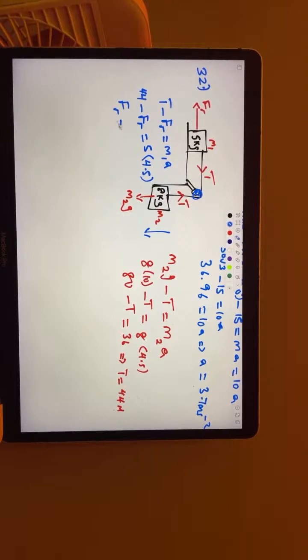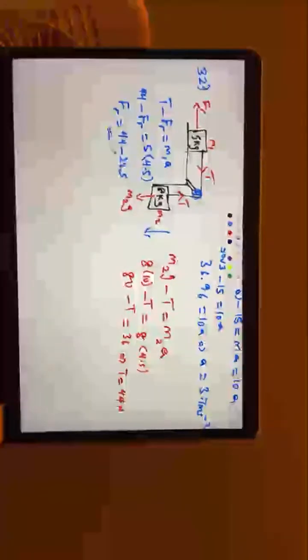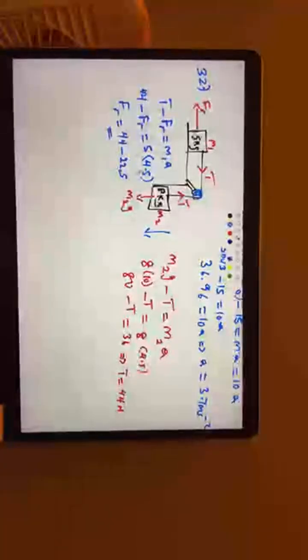So FR will be 44 minus 5 times 4.5, that's 22.5. So 44 minus this is 21.25 newtons. So the correct answer is 21.25 newtons.